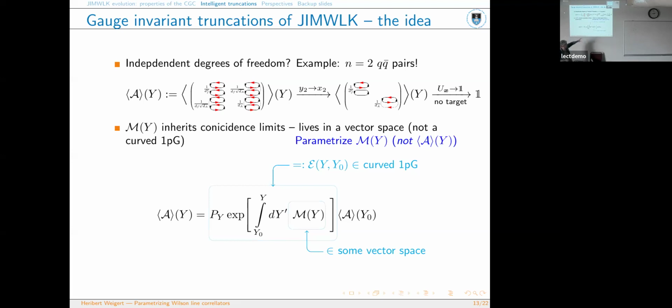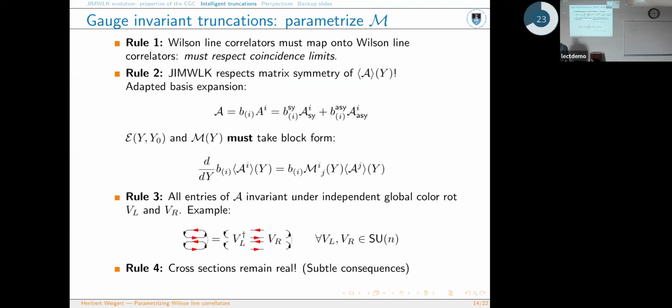But this is a curved thing, right? Its tangents live in some vector space, and that's easier to graph. So I'm going to find those exponents, or parametrize them.